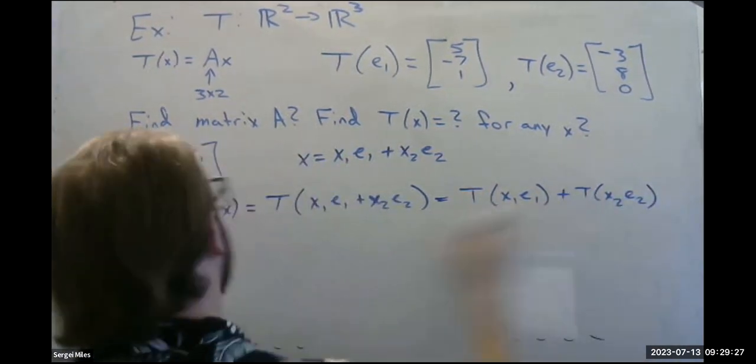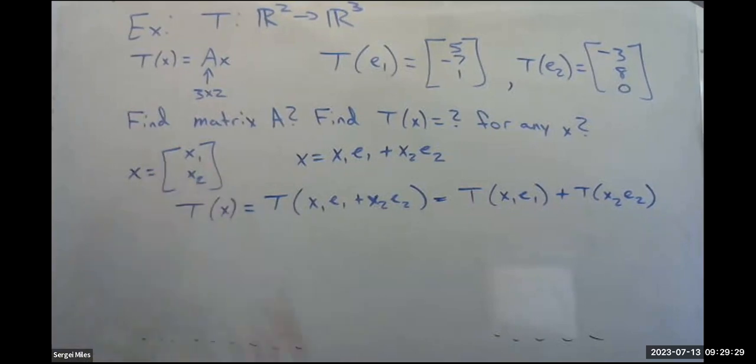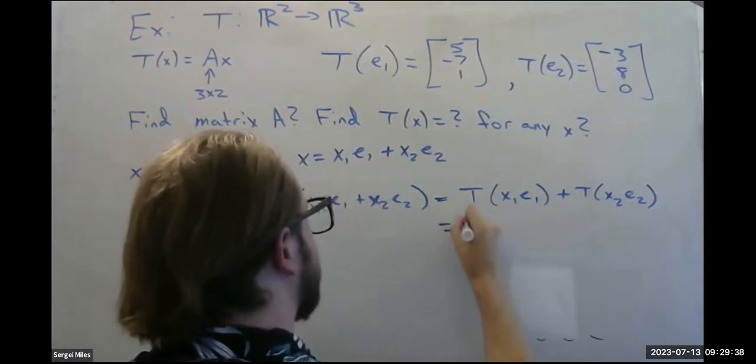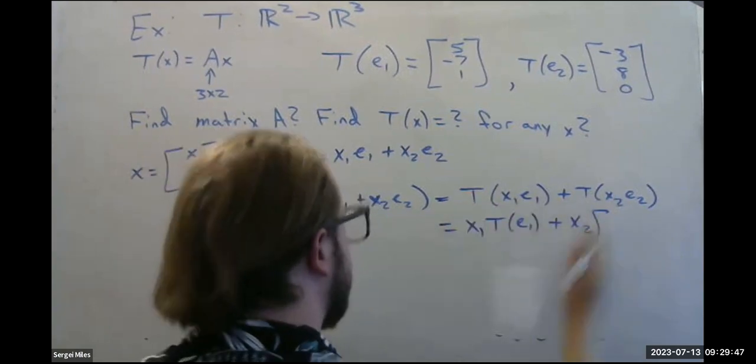But also remember, x1 and x2 are just real number constants, right? Whatever they are, they're just some constant. I can pull constants outside of the transformation. All right, so I can pull these constants out.